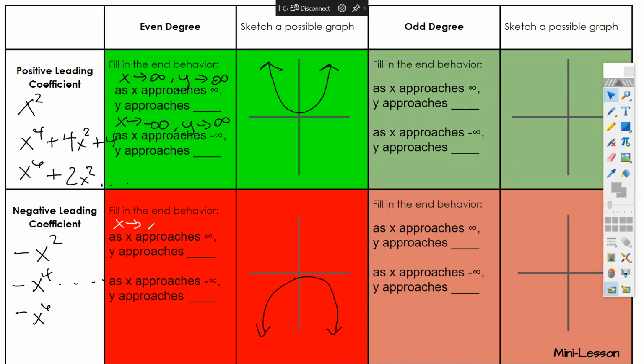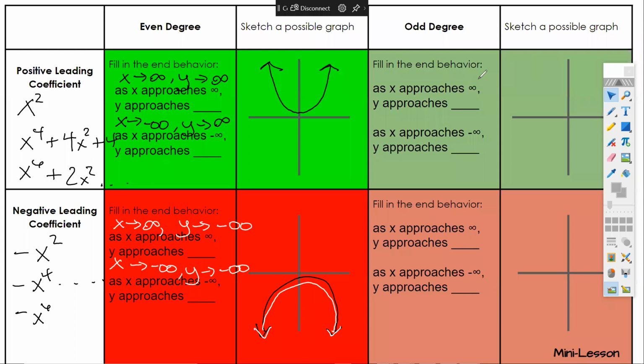As x approaches positive infinity, y is approaching negative infinity. As x approaches negative infinity, y is also approaching negative infinity. Again, facing downward.